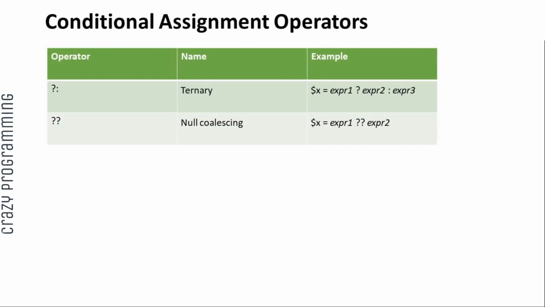The question mark and colon, this is the ternary operator, and it is defined in the example as x equals expr1 question mark expr2 colon expr3, and the second operator is the double question mark, that is the null coalescing operator, and the example is x equals expr1 double question mark expr2.